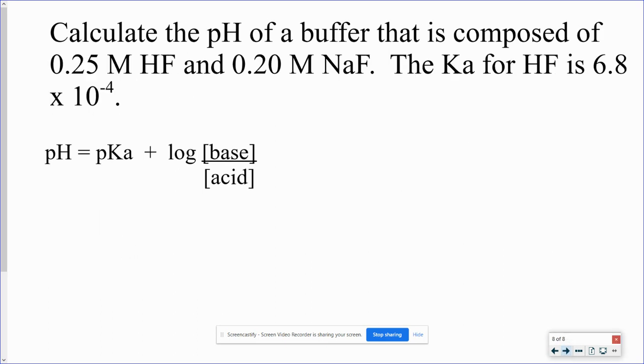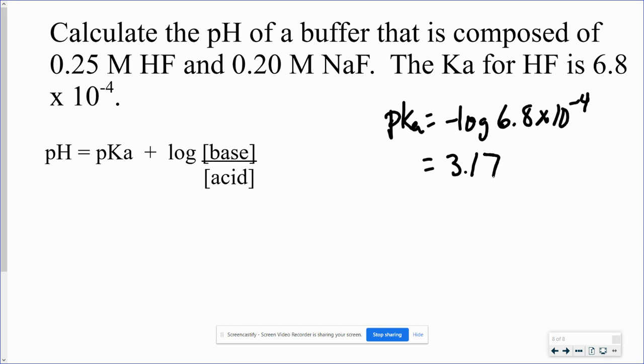Let's look at the second problem. Calculate the pH of a buffer that's composed of 0.25 molar hydrofluoric acid and 0.2 molar sodium fluoride. The Ka is 6.8 times 10 to the minus fourth. So now the pKa equals minus the log of 6.8 times 10 to the minus fourth, which is 3.17.